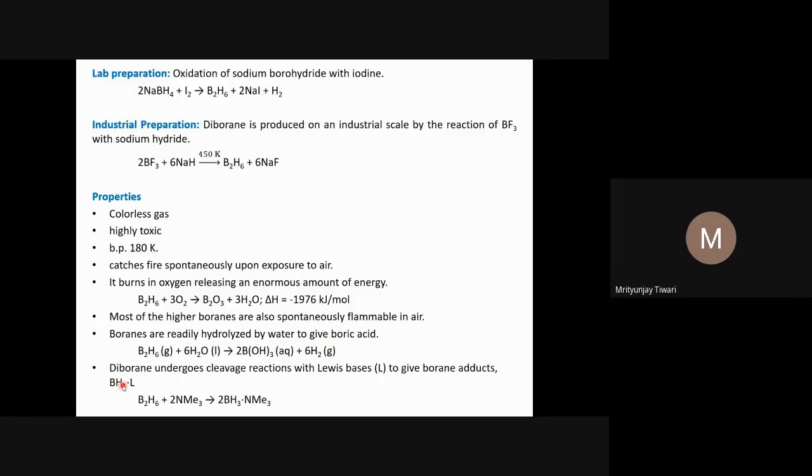B2H6 is divided into two BH3 molecules, and each boron now had a vacant orbital in BH3, and that vacant orbital will now be occupied by the lone pair of electrons of this Lewis base L.